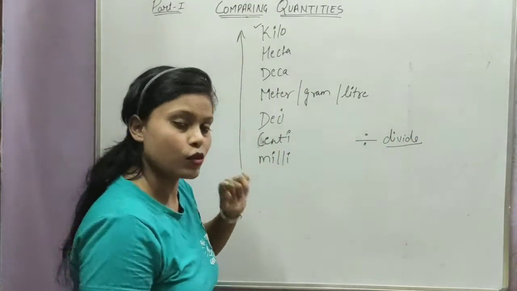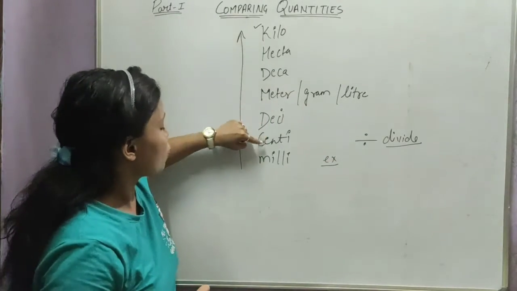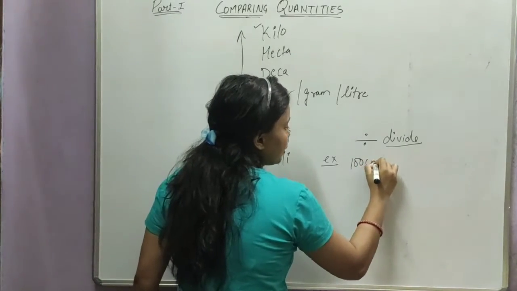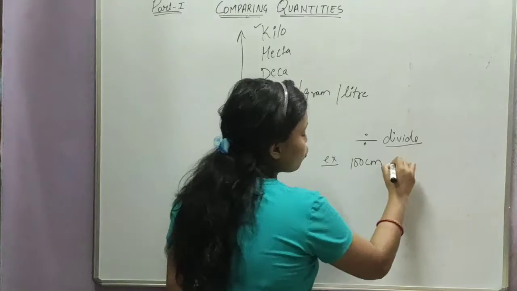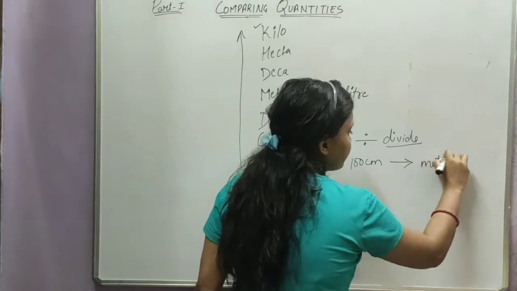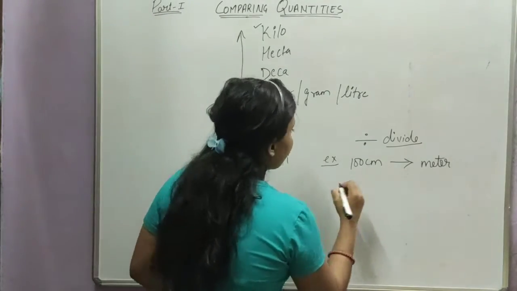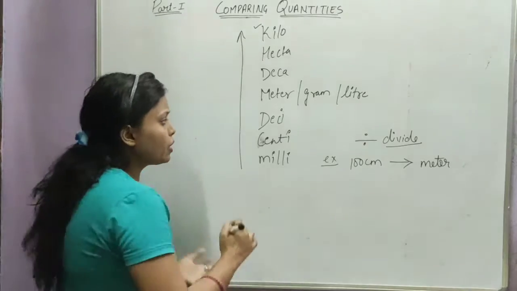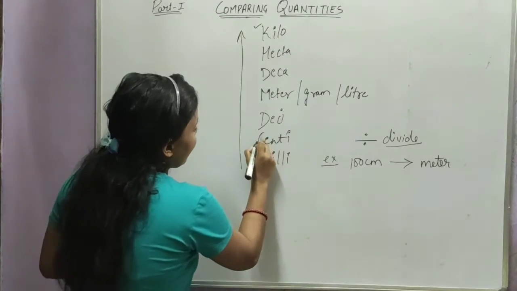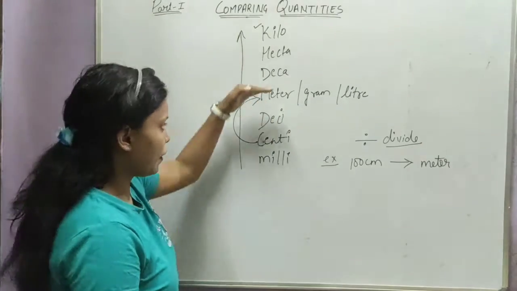Let's understand this with an example. It is given that 100 centimeter and we have to convert this into meter. So what will I do? I will do the division. But how much quantity do I have to divide? I am going 2 steps higher, right?